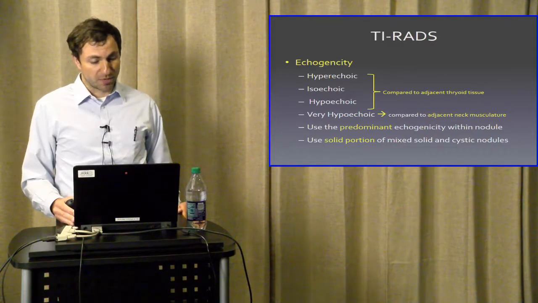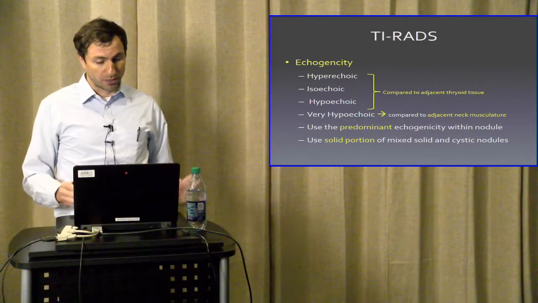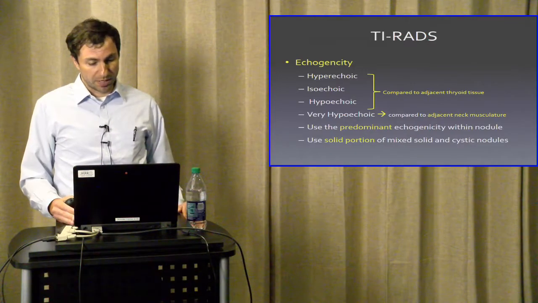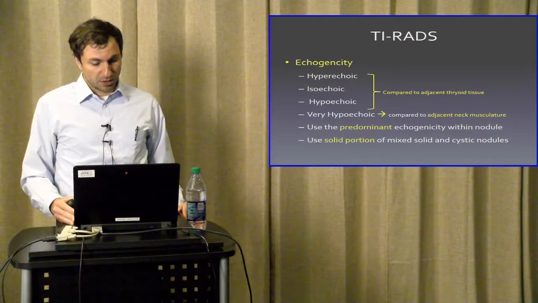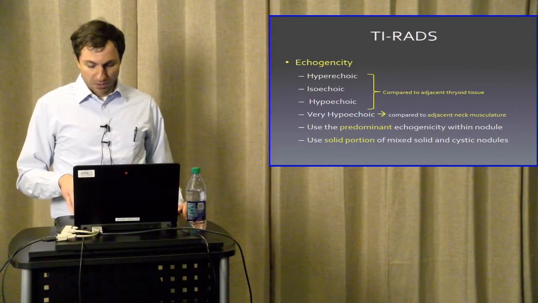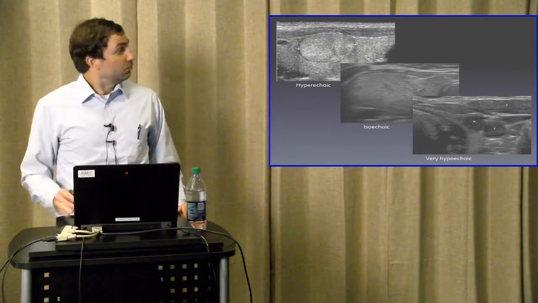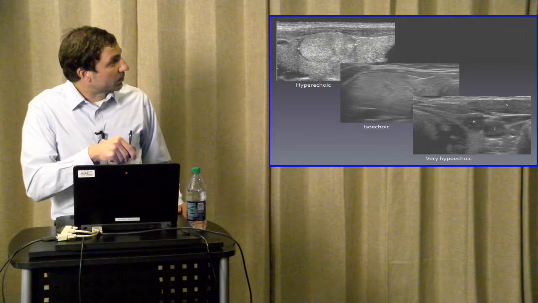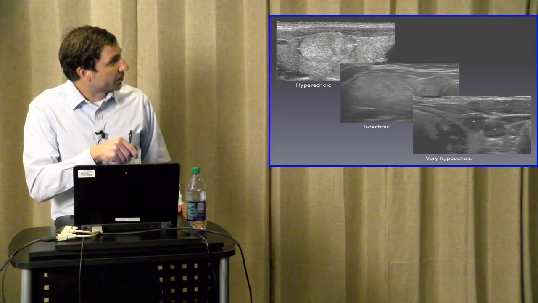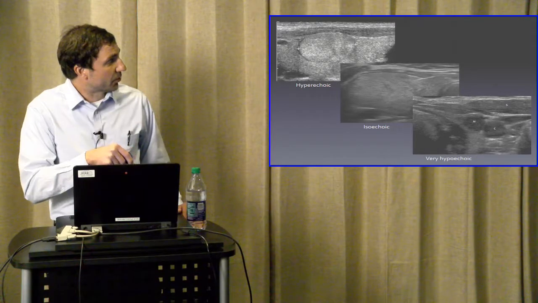Again, we use the predominant echogenicity. Some of these are mixed echogenicity with some parts darker and brighter. We use the predominant echogenicity within the nodule. And if a nodule is solid and cystic, we want to use the solid portion to determine the echogenicity. So a good example of a hyperechoic nodule, it's at least isoechoic, maybe slightly hyperechoic to the adjacent thyroid here.